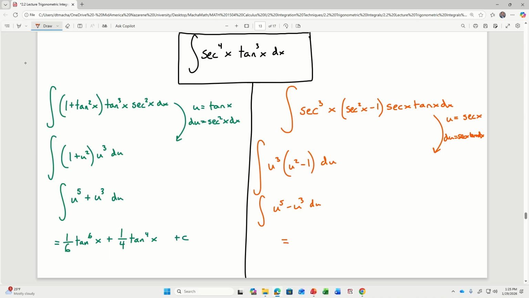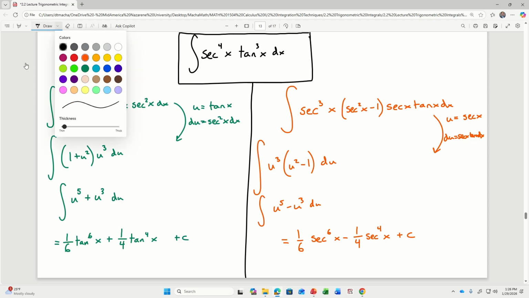And taking the antiderivative and replacing u with secant, I get 1/6 secant to the sixth x, no, minus 1/4 secant to the fourth plus c.